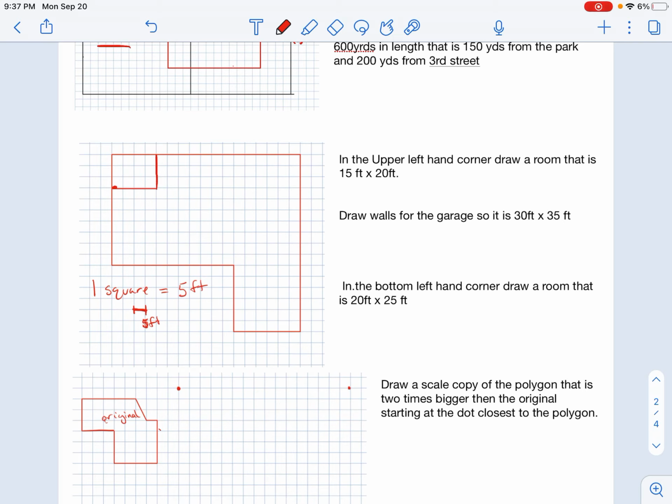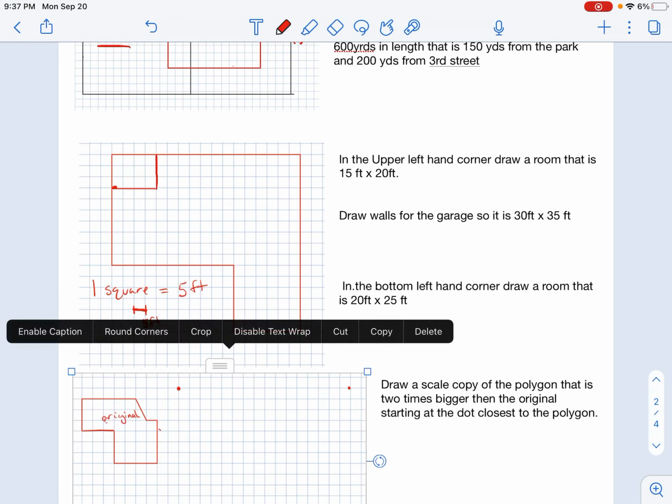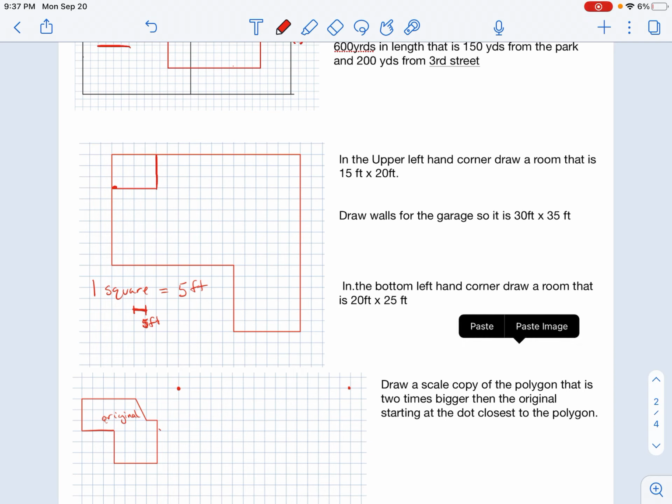Okay, next it says draw a wall for the garage, so it is 30 feet by 35 feet. So 30 feet would be 6, 35 would be 7. So the garage is this little pop-out part right here, and as you can see, it's 1, 2, 3, 4, 5, 6 width already, so that has to be our 30-foot side.